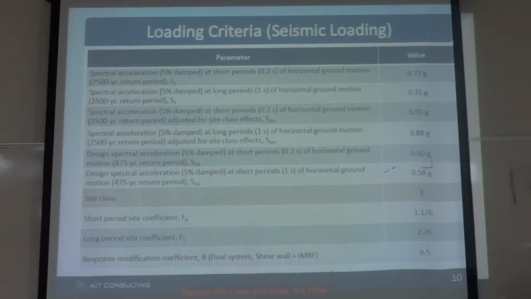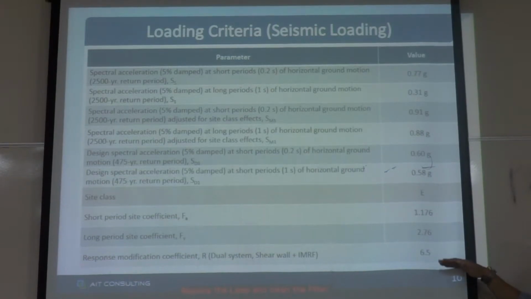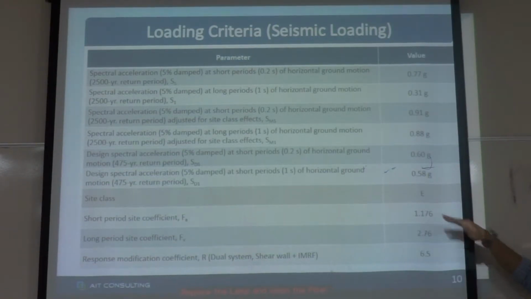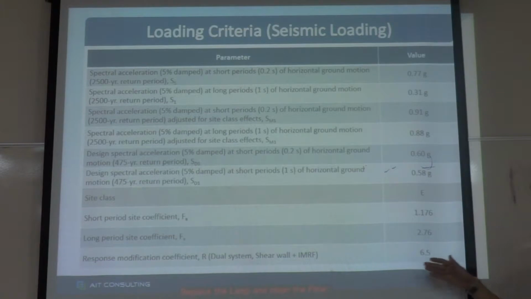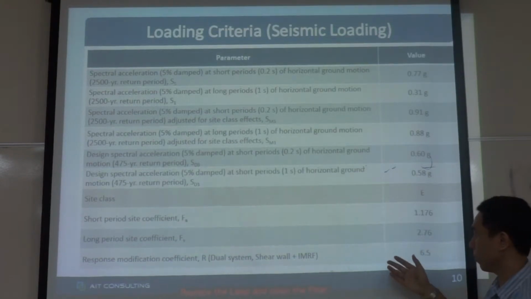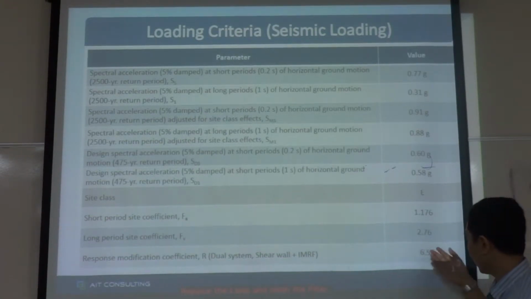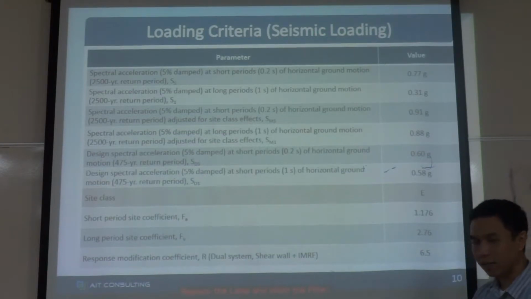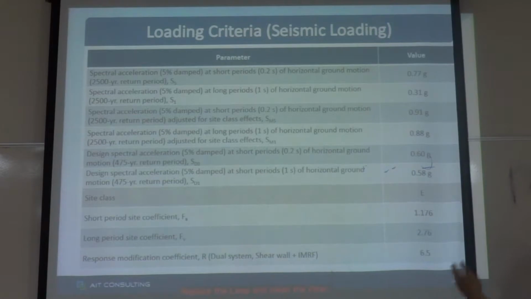If you use a high ductility, high energy dissipation capacity system, this R value becomes higher. When we calculate the seismic force, we calculate the elastic force and then divide by this factor, so the actual design force is reduced.